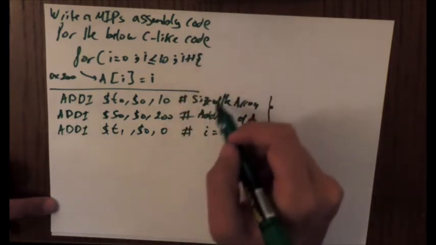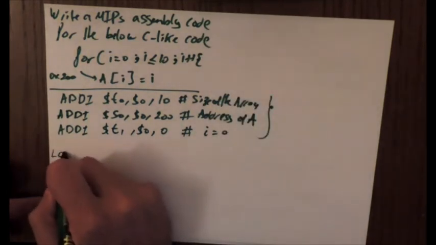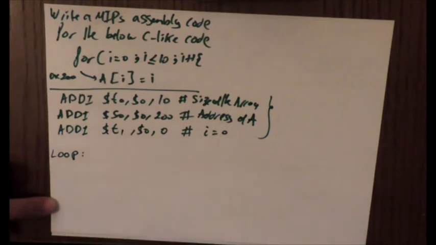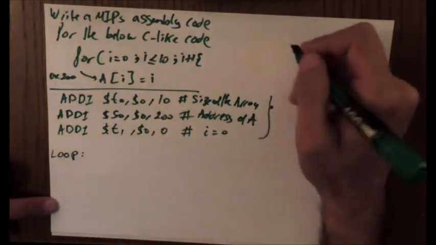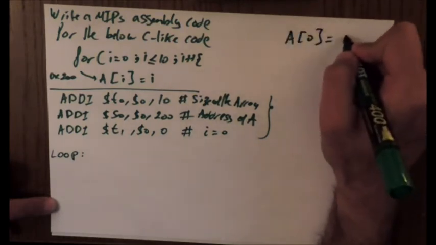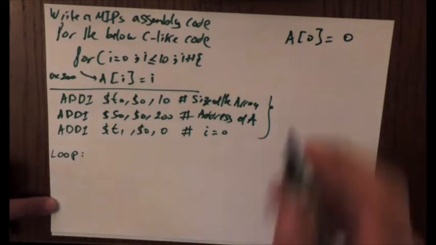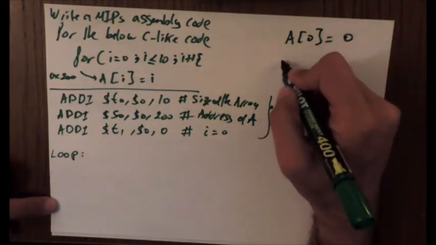Now I want to create this loop. So first let us do loop. And now the first step is setting up the address. So I need to have A of 0 equal 0. So this is in C. In MIPS is gonna be the same. So let's do another one.